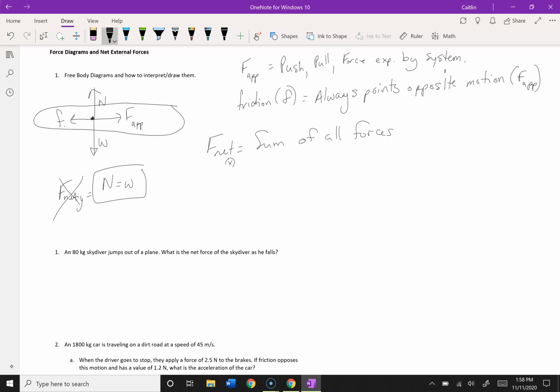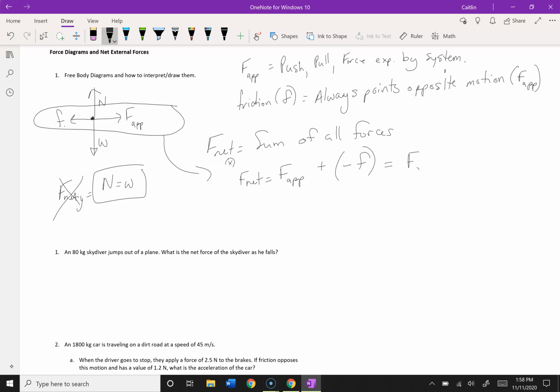Now, in this particular diagram, my F net is going to be equal to F applied plus a negative friction force, because friction is pointing the opposite way. Remember that things that go right are positive, things that go left are negative as far as vectors are concerned.